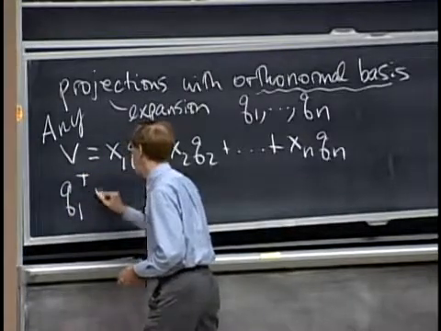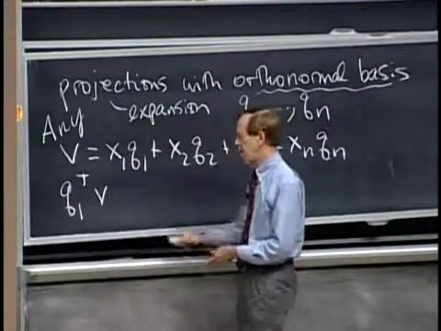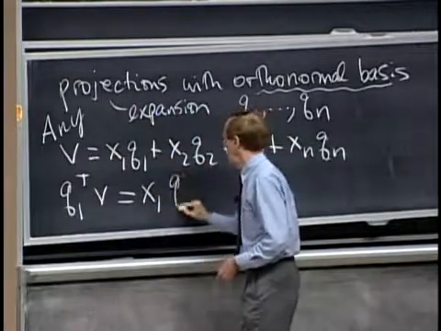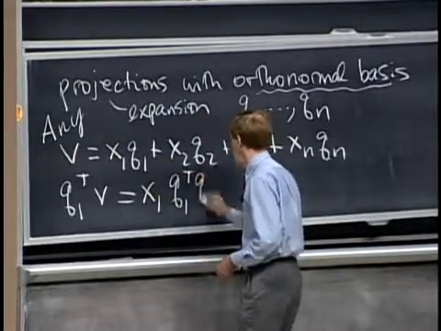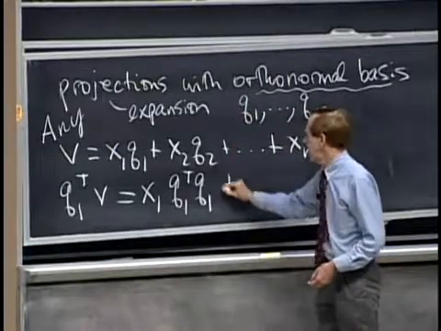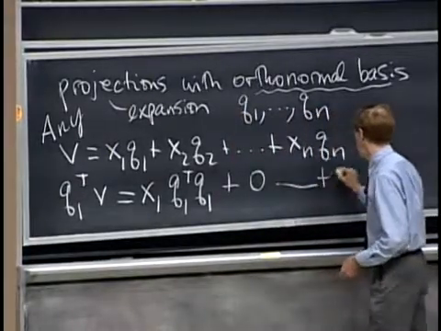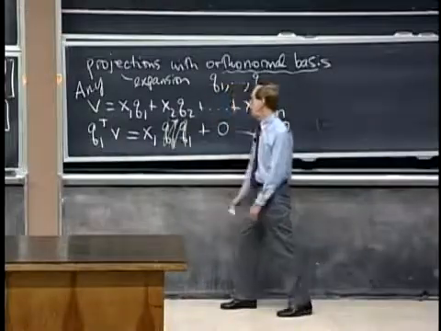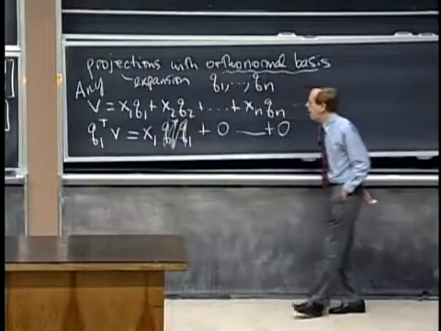q1 transpose v, that's taking the dot product, is x1 times q1 transpose q1 plus a bunch of zeros. And this is a 1, so I can forget that. I get x1 immediately.